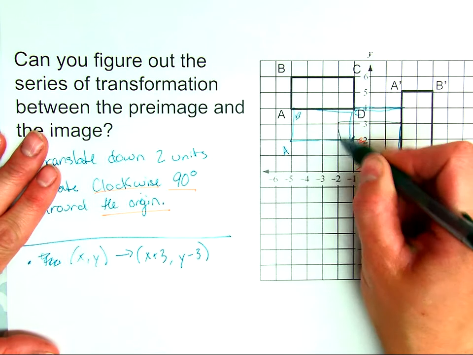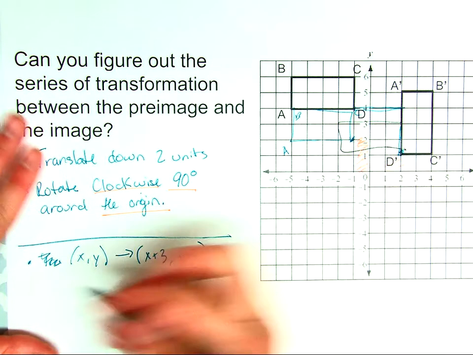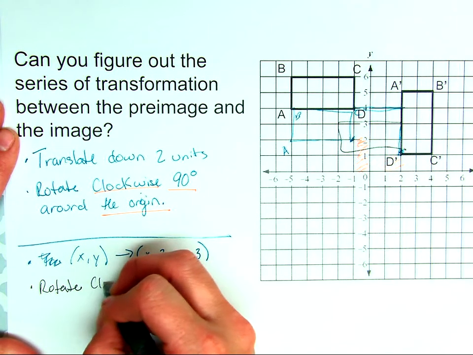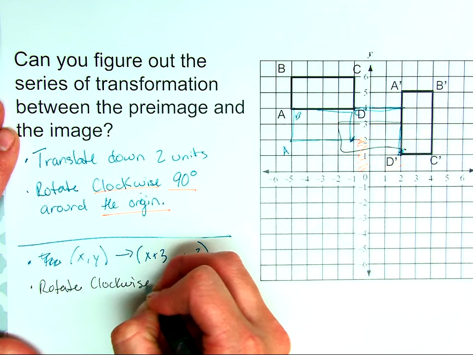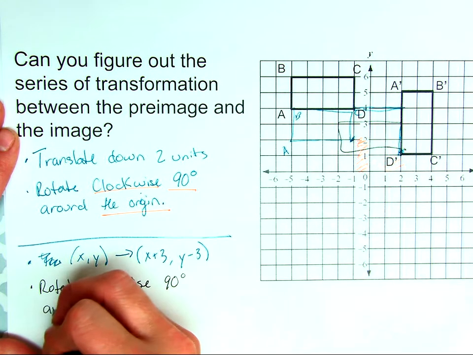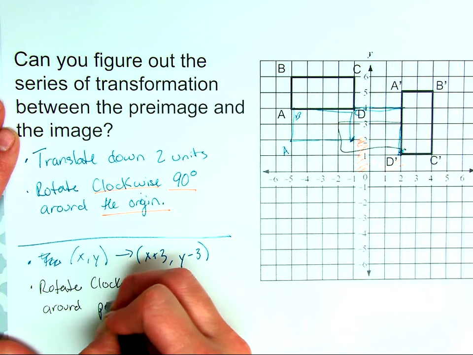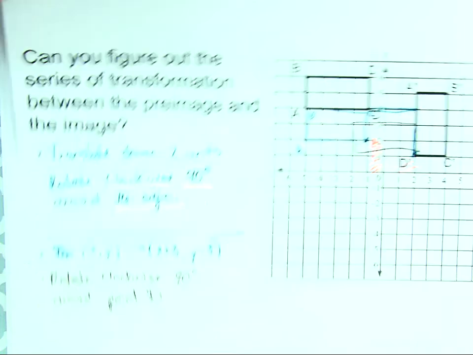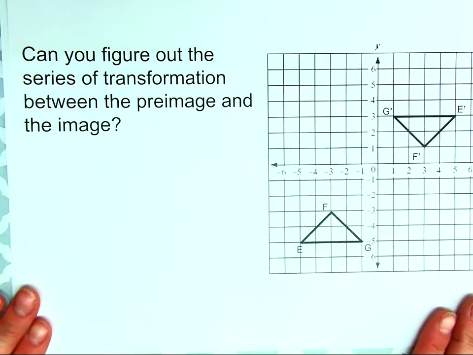And then I would rotate that clockwise again, 90 degrees again, but around point D. So there are many other ways to do this one as well. I just like to show you a couple. So let's have you pause and try to figure this one out on your own.